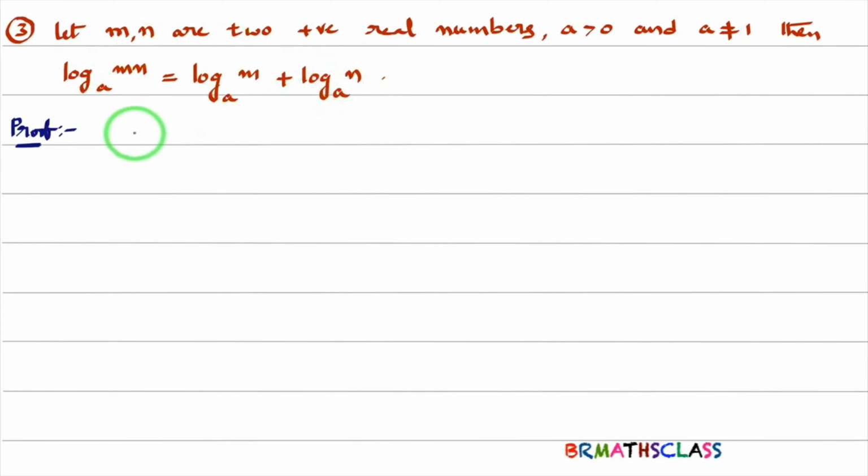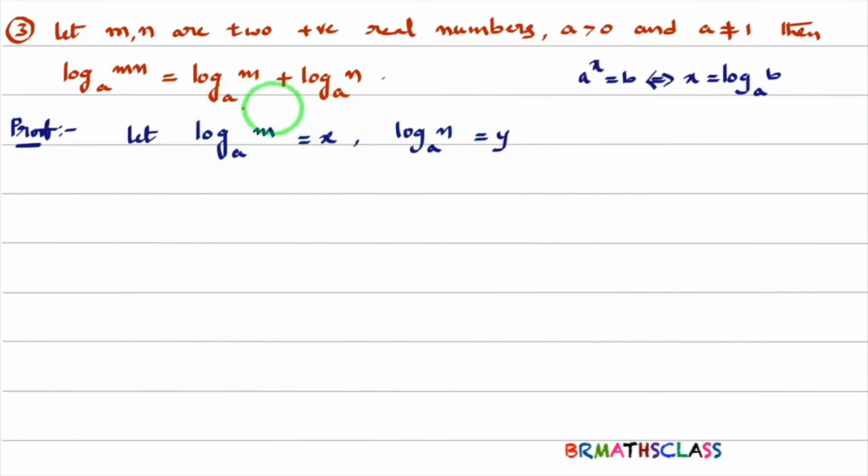To prove this property, first I'll consider log m base a as x, and you consider log n base a as y. How do we write this in exponent form?